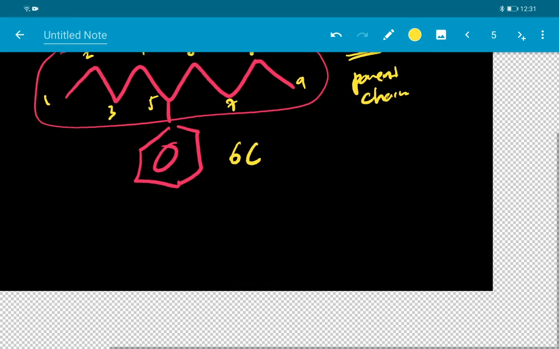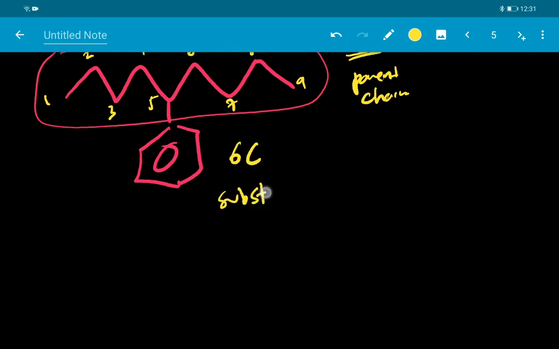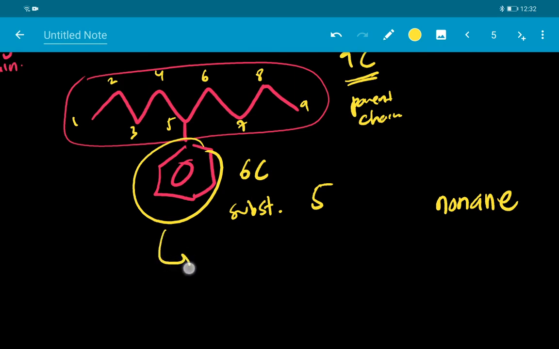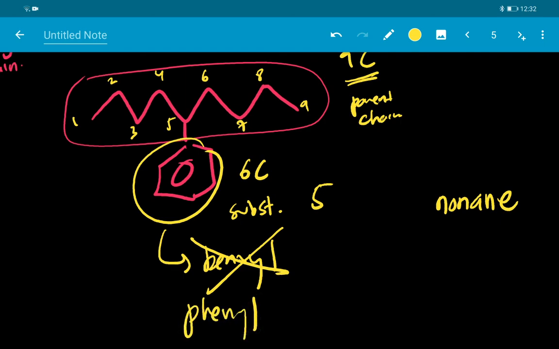The benzene will become the substituent. So first we're going to name the parent chain. 9 carbons with a double bond will become nonene, and there is a substituent located at carbon number 5. For the benzene, it is not called benzene. It's supposed to be phenyl. So the answer will be 5-phenyl nonene.